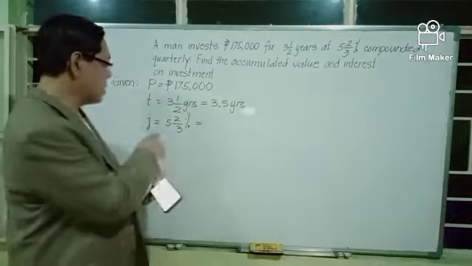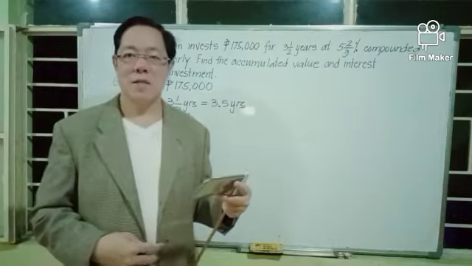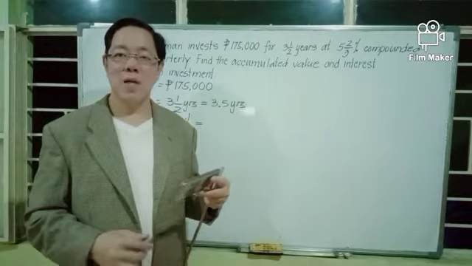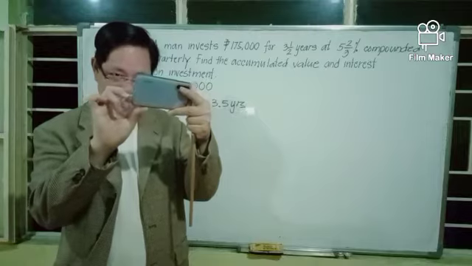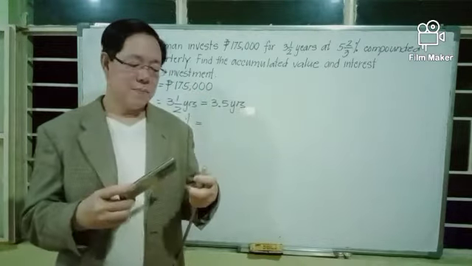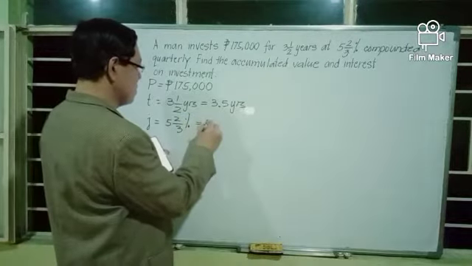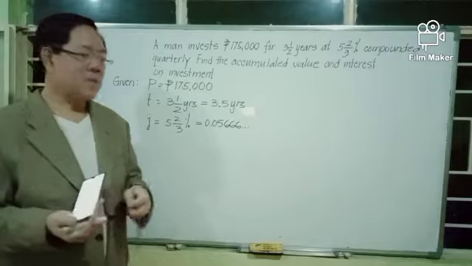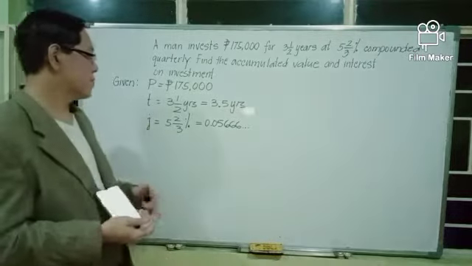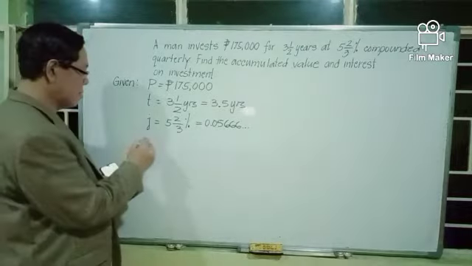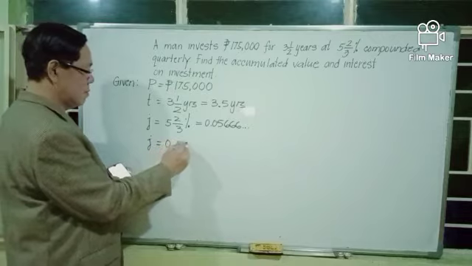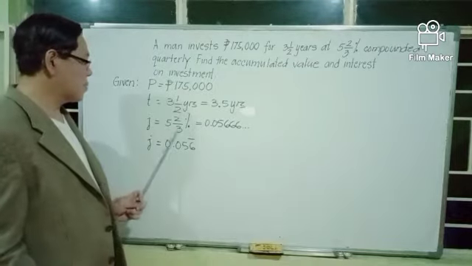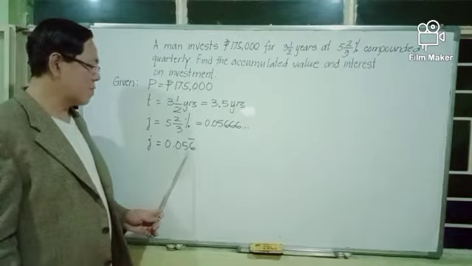And this 5 2/3% is 5.666%. To convert that to a decimal number, divide 5.66666 by 100, and you get 0.056666, where 6 is repeated without end. Or you may simply write 5 2/3% is equal to 0.056 bar.